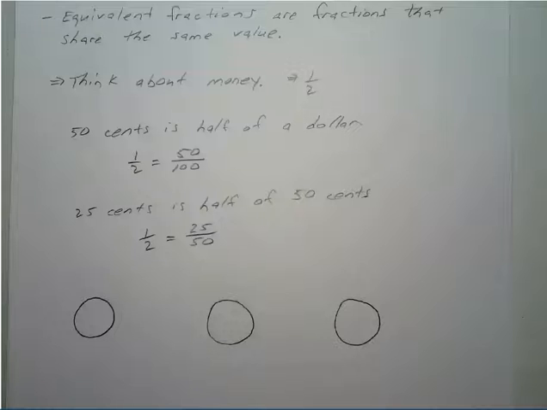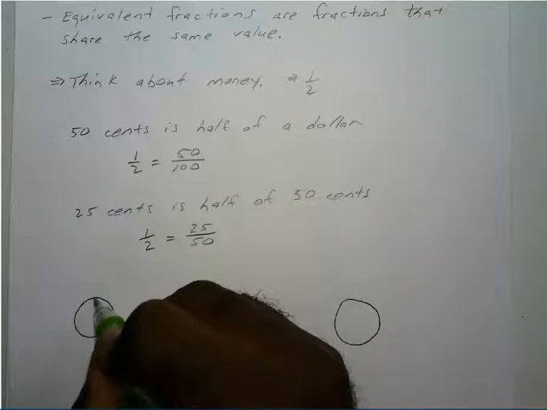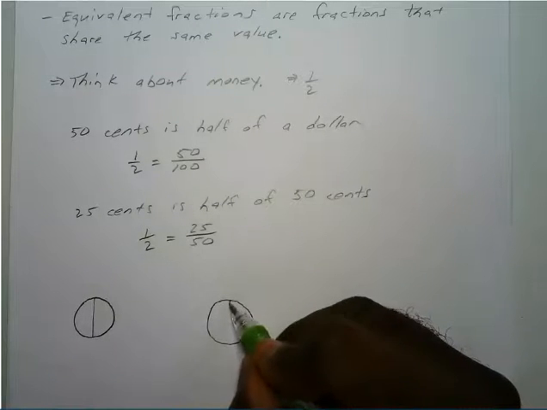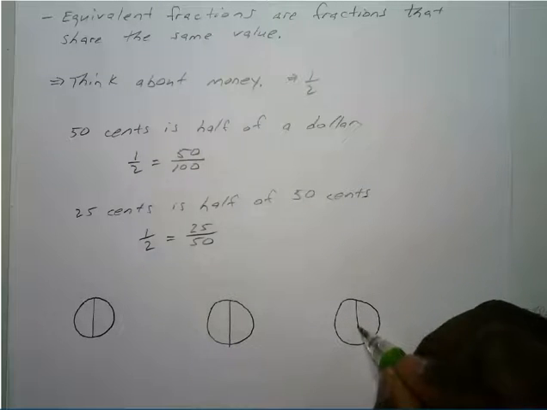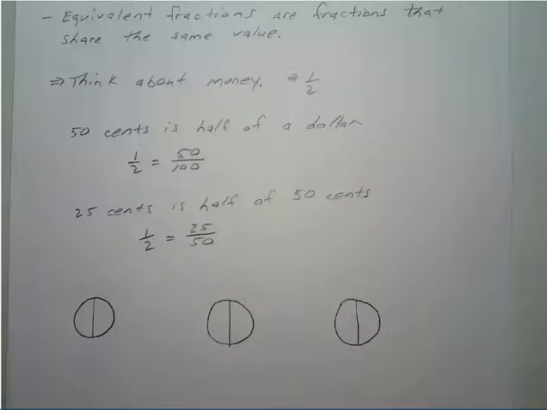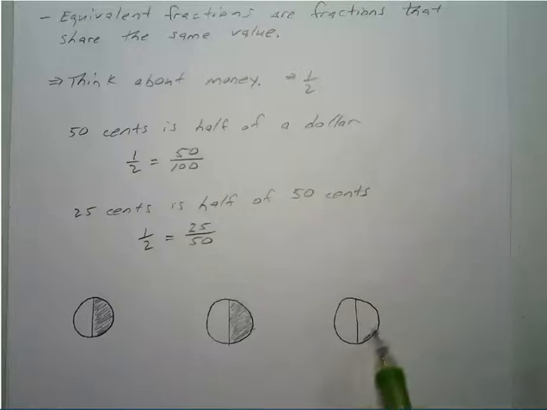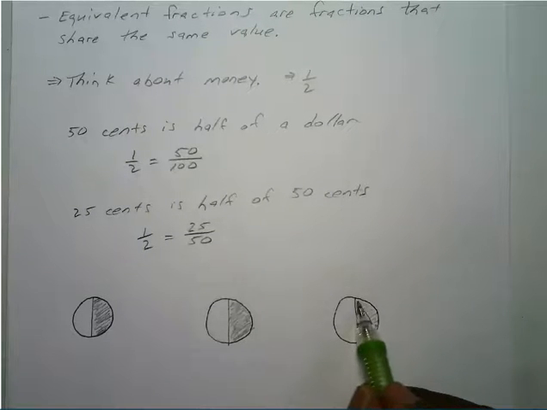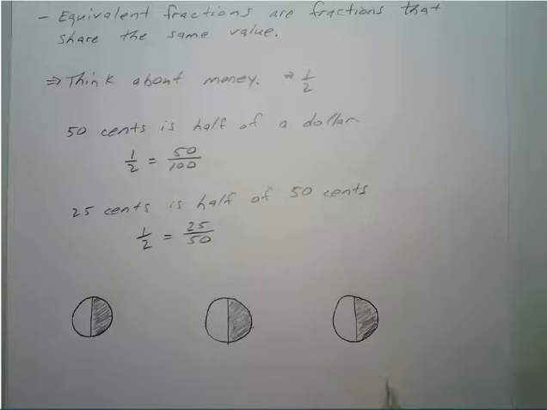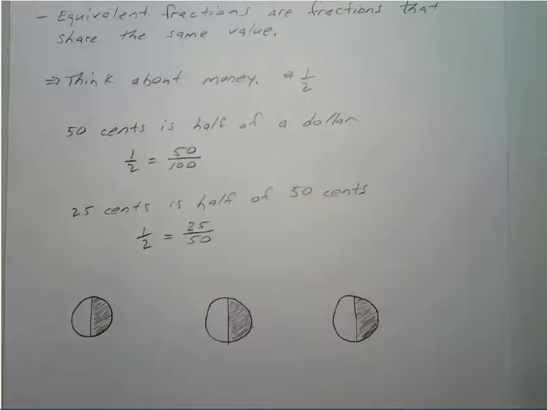So if we have 3 perfect circles, we're going to cut them right in half. Then we're going to shade in half of these quote-unquote perfect circles. So we have 3 circles that are half shaded in.